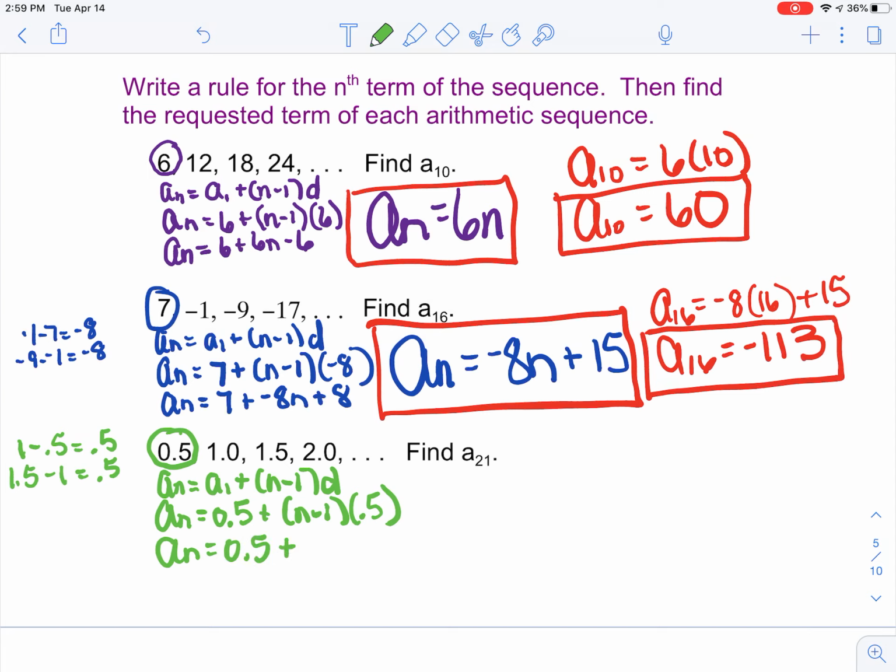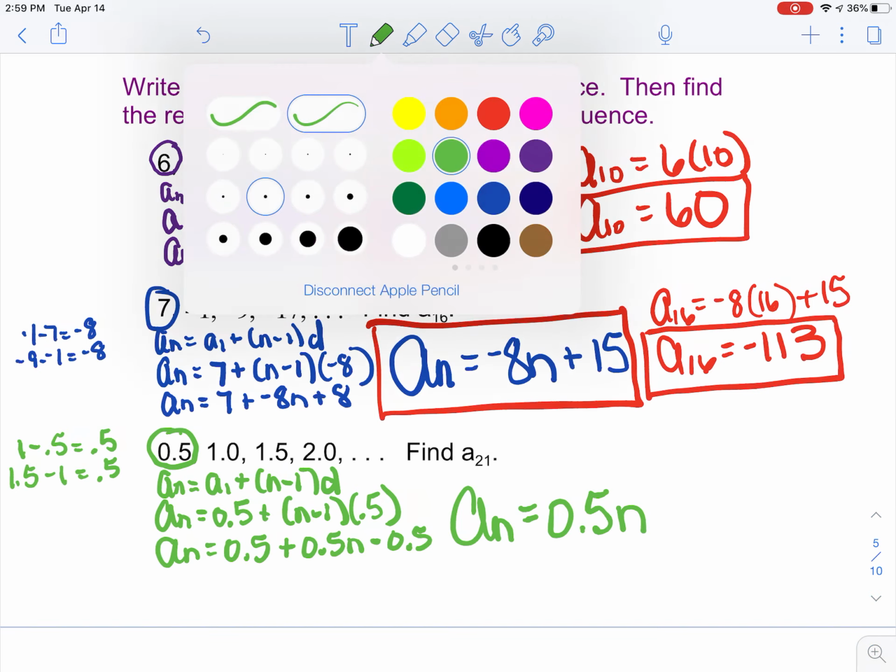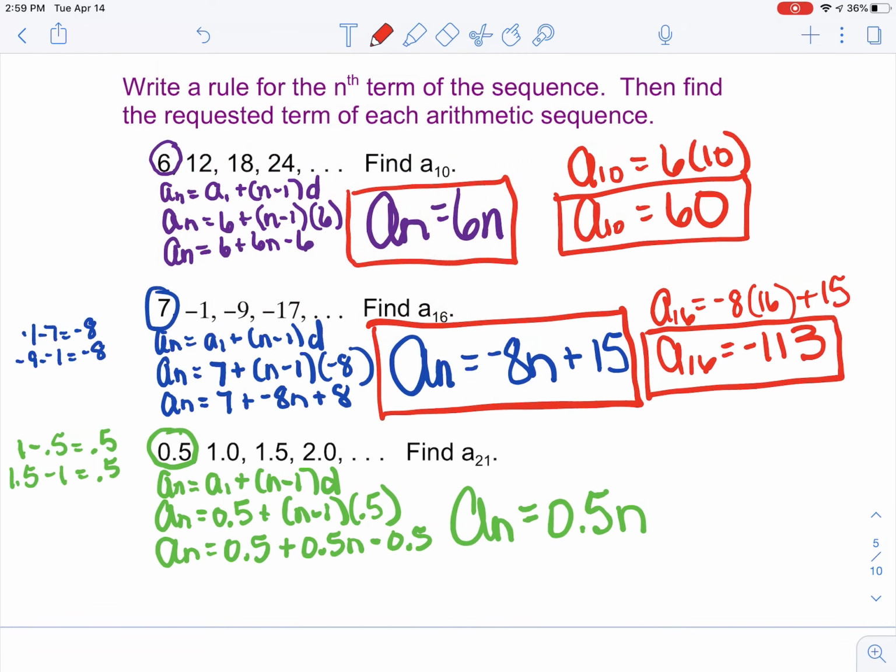Now let's do the distributive property. It's going to be 0.5n minus 0.5. That turns out to be A sub n equals 0.5n. Now I can find any term I want, and we want the 21st term.